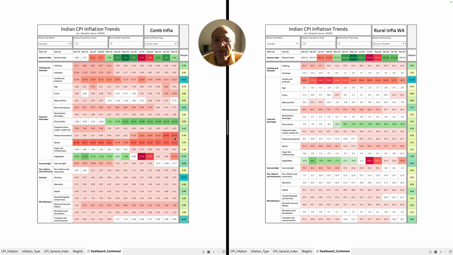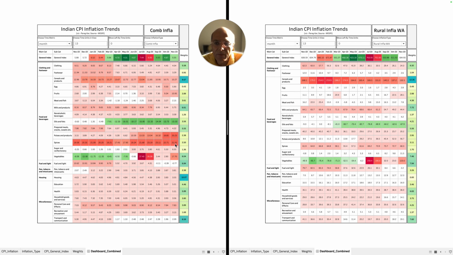Now, friends, looking at these absolute numbers is not very useful. The reason is that every item has a weight, and this weight is the contribution of this particular item to the general index. So, even if the inflation of a particular item may be very high, if the weight of that item is low, its contribution is small.